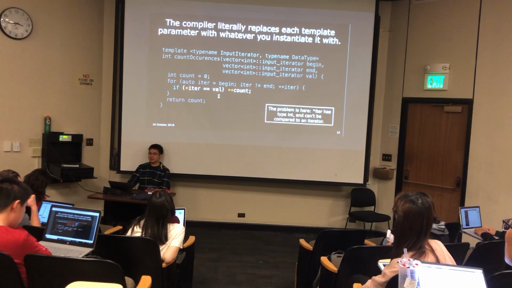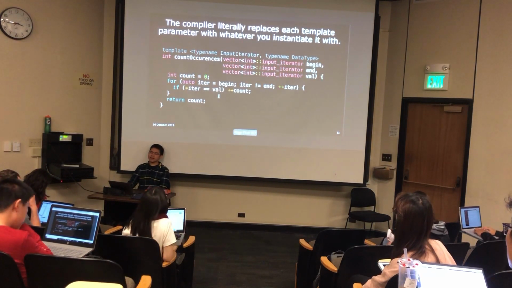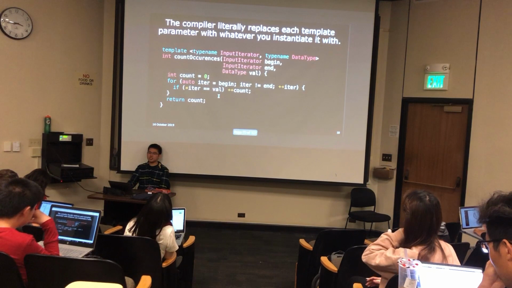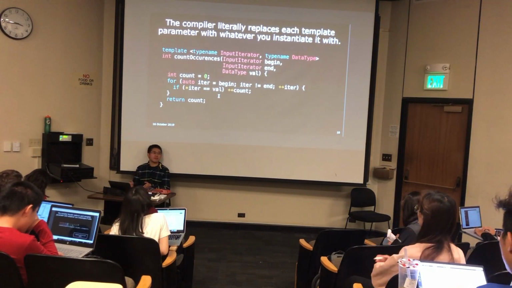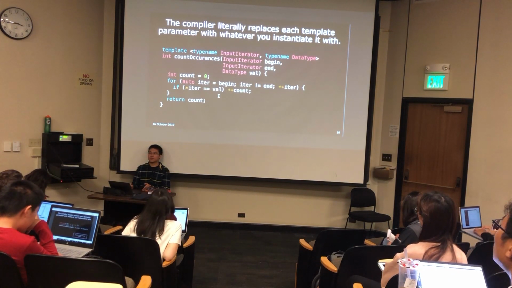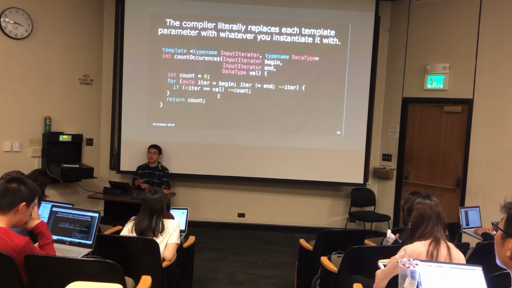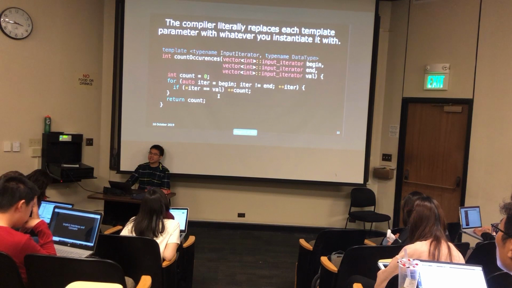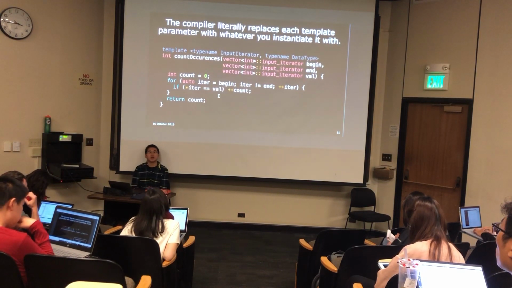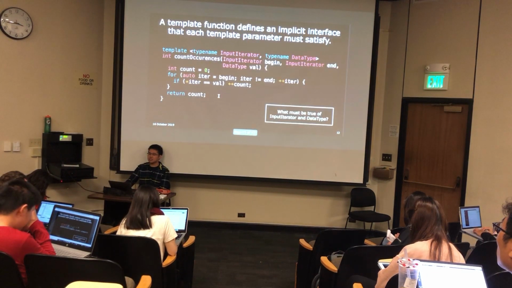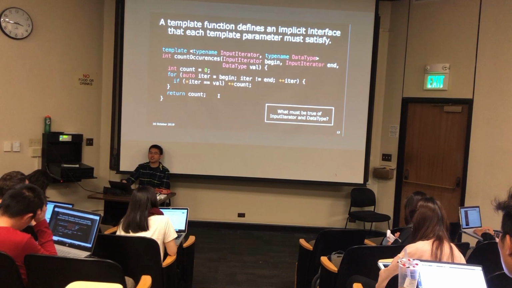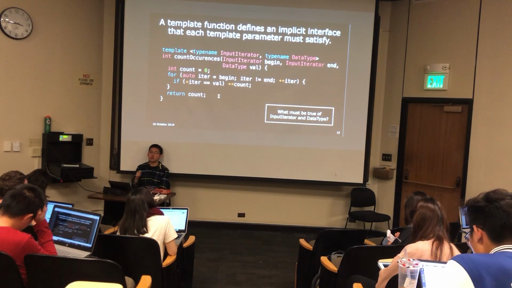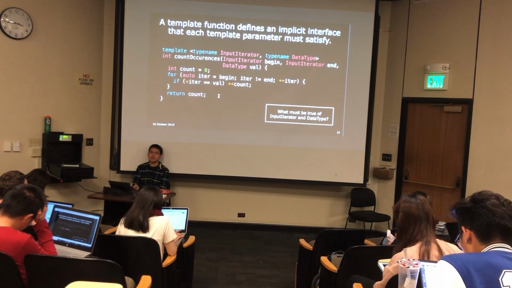This is where implicit interfaces come in. When you declare templates, you can try to plug any type into the template. Sometimes it will work, sometimes it won't, and the compiler will enforce which types do not work. It determines that by looking at the operations you're doing with those types, and seeing what those types have to satisfy.